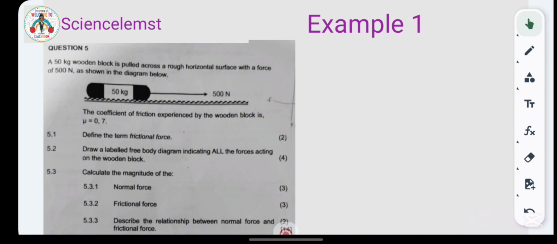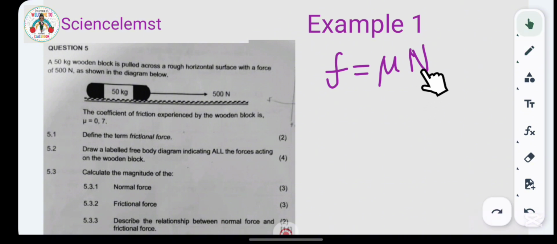The last question of the example. Describe the relationship between normal force and frictional force. Remember the formula? The formula says F equals μ multiplied by the normal force. So what does it tell me? I require the normal force in order to have frictional force.